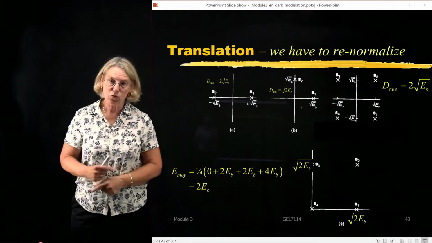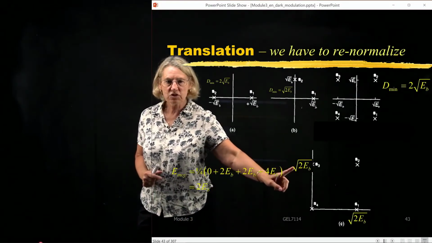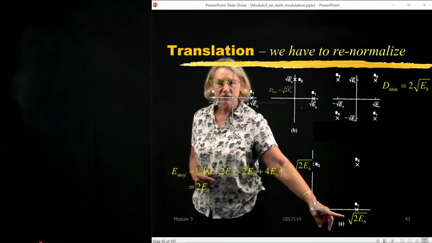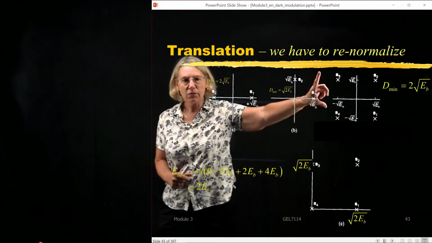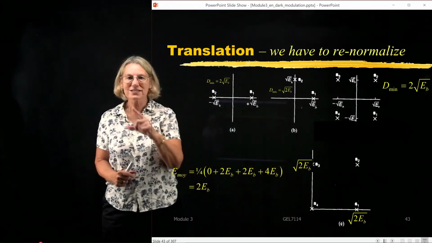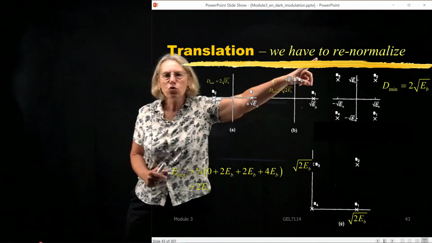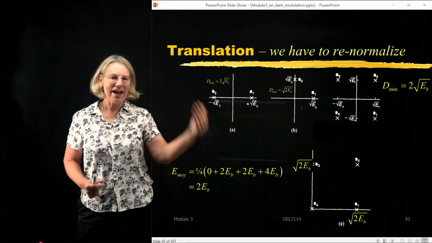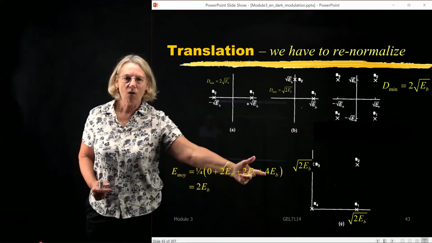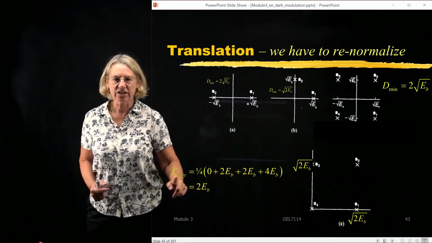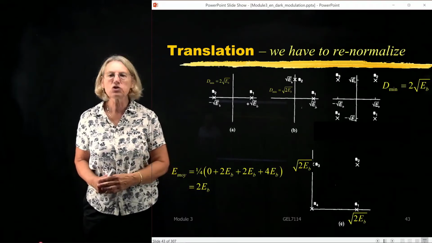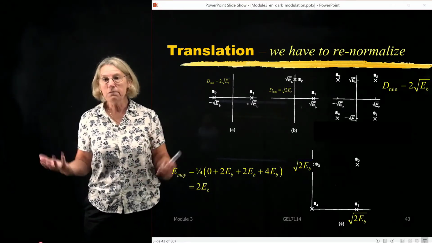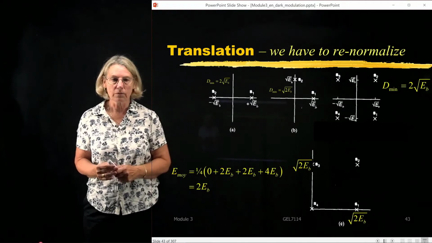I've put the correct coordinates on, which are the square root of 2 EB and the square root of 2 EB here. So you see that when I do the translation, it requires a new normalization. And when I do this normalization, I can go back and validate again, and now indeed I get the average energy per symbol is equal to 2 times EB, so EB is indeed the correct normalization.